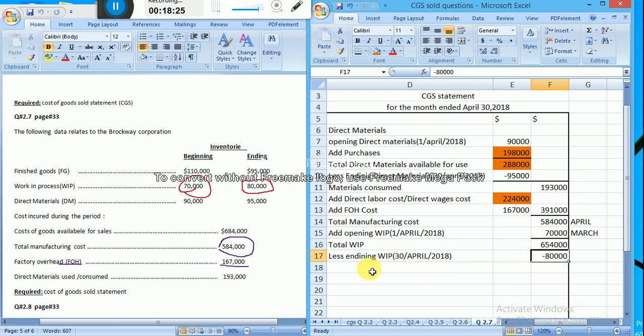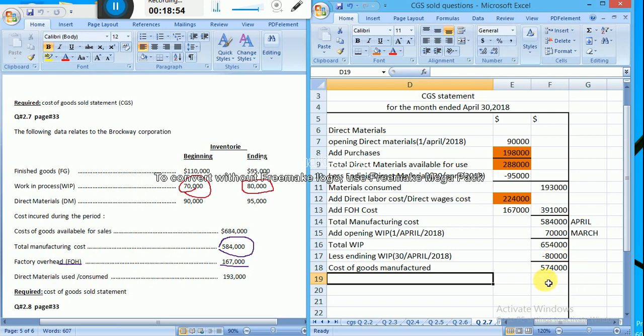So when we subtract it, the cost of goods manufactured will be: total was 6,54,000, minus 80,000.